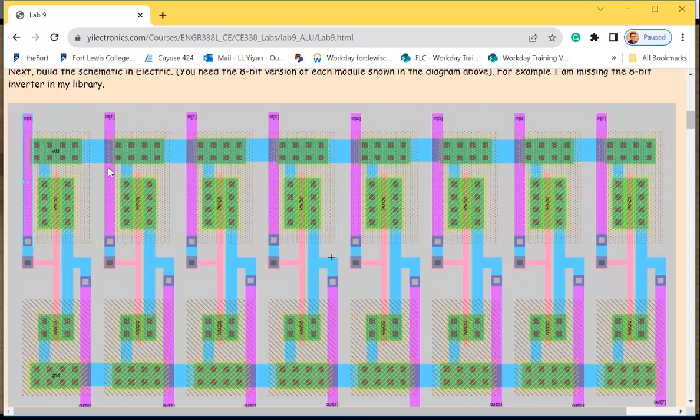Think about the cross-sectional view, right? How the wells are being connected. Are the N-wells being connected? Even though they are not in the same N-well, they are actually connected, yeah, by the metal. So the N-wells are still shorted to the same potential. So not ideal, but it's going to work, right?